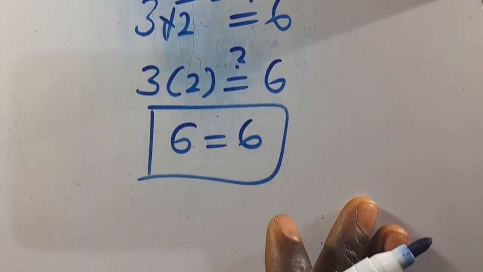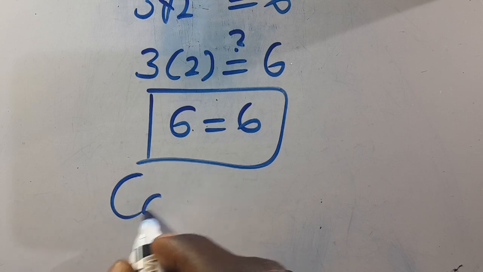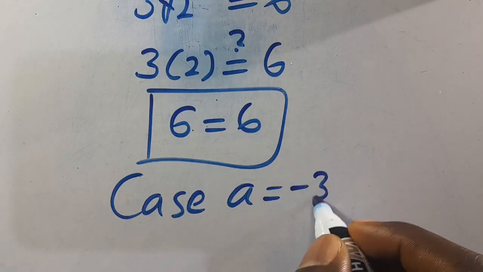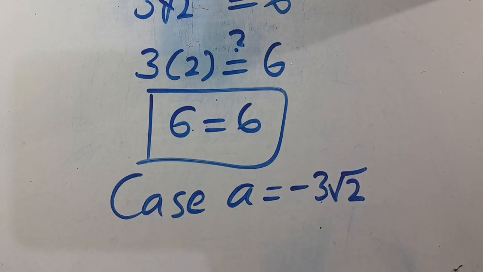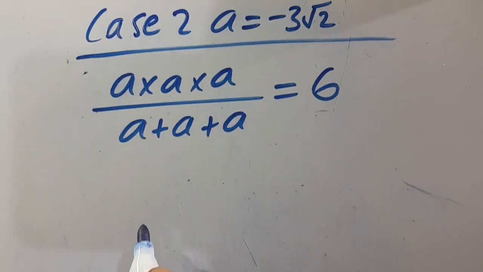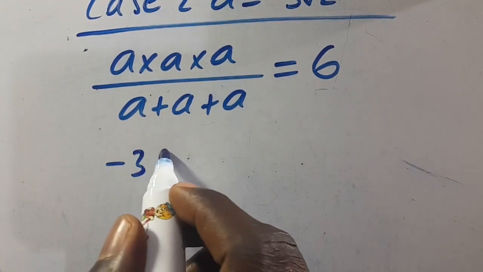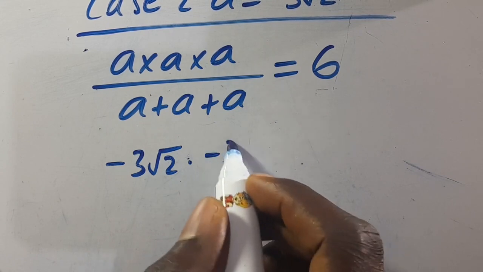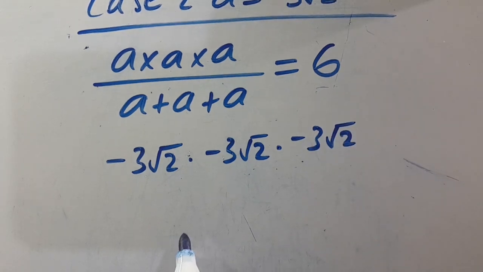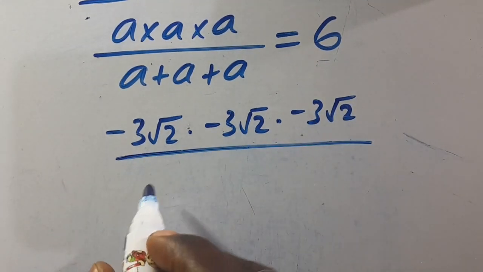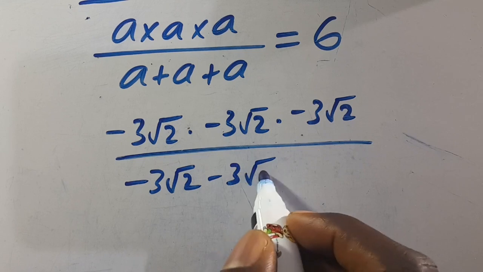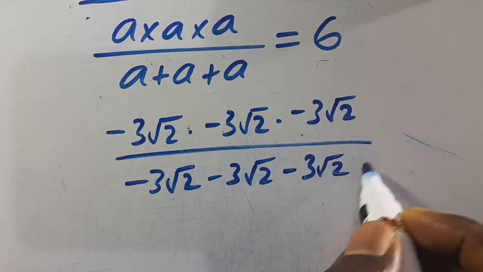So let's also check for case 2, where we have a equals minus 3 root 2. We're going to have minus 3 root 2 multiplied by minus 3 root 2 multiplied by minus 3 root 2, divided by minus 3 root 2 minus 3 root 2 minus 3 root 2.